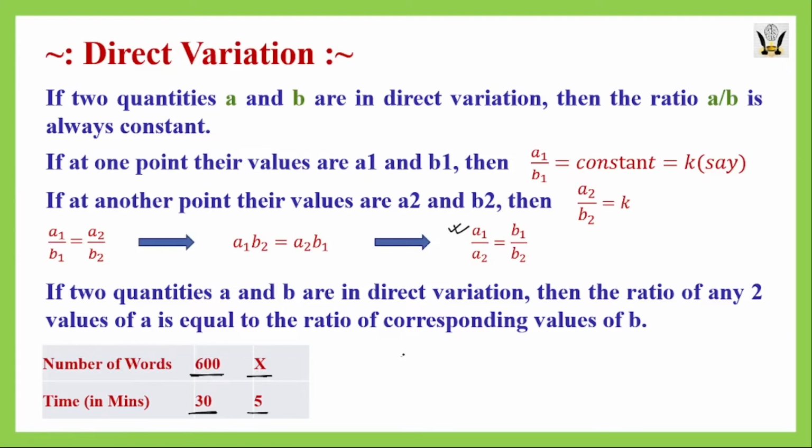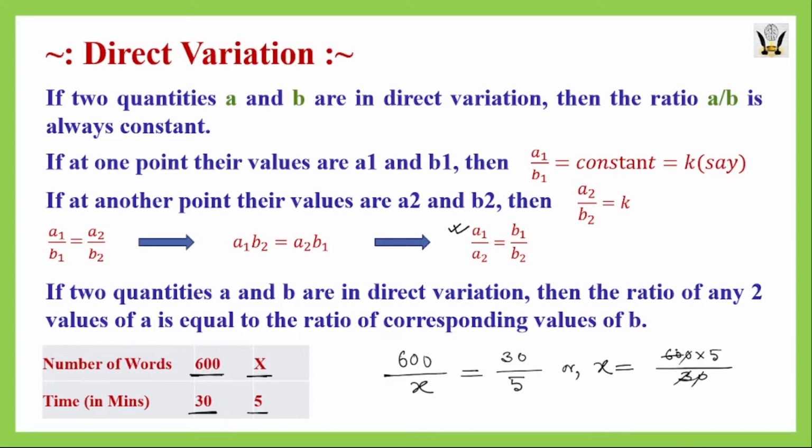So we can write this way: 600, that is one value, and x, that is the other value of that quantity, and that ratio is equal to the ratio of 30 divided by 5, the corresponding values of the other quantity. So from here, x will be what? x is the variable for which we don't know the value. So it will be 600 multiplied by 5 divided by 30.